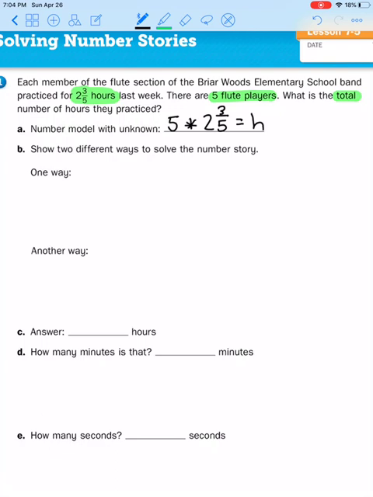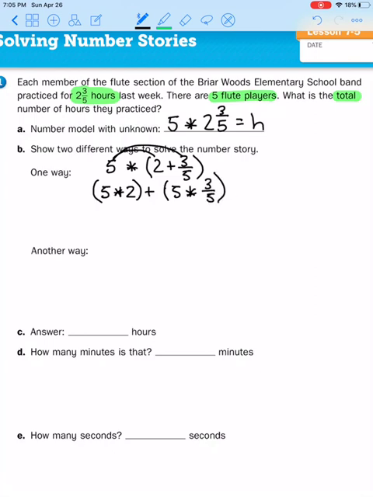The first way is I'm going to break apart that mixed number. So if I did 5 times 2 plus 3/5, I would do 5 times 2 plus 5 times 3/5, and I'm going to put my 5 here over 1.